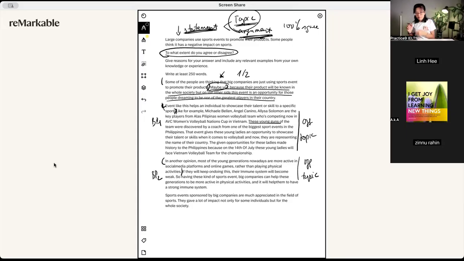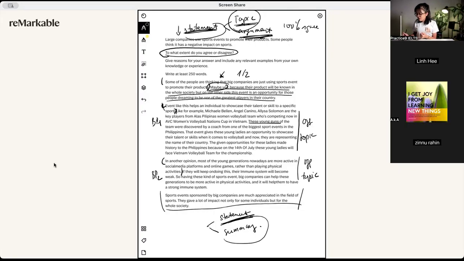Okay, and then let's look very quickly at the conclusion over here. So the conclusion has 2 different parts. The first is the statement, and then you have the summary. You need to restate the statement again, paraphrase the statement, and then you need to summarize whatever you have written in the body.